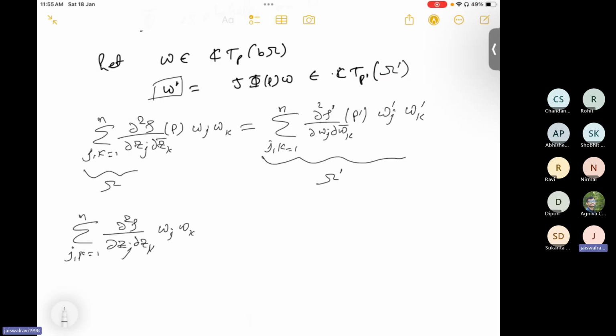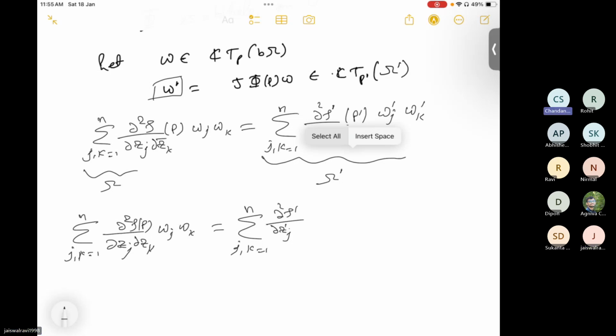If you write this in terms of rho prime and W prime, then you will get something like the sum of the second derivative of rho prime with respect to zj prime and zk bar prime, here the coordinates are primed, at P prime, times wl prime wm prime, plus you will get some more terms here.